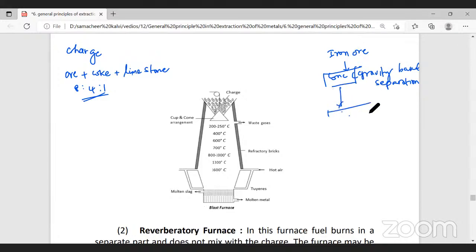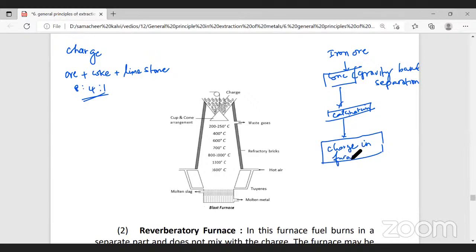Then it is calcined. Calcination is heating in the absence of air or with a minimum supply of air to drive away moisture and expel the volatile impurities. Once calcination is done, charge is introduced into the furnace.